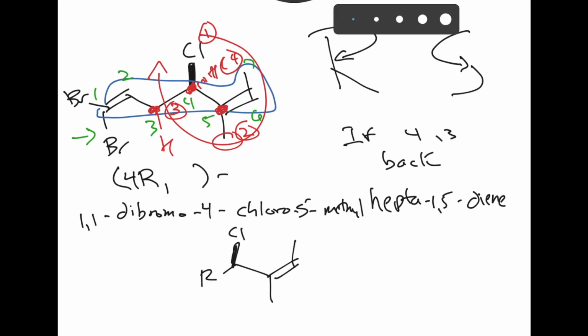I got to assign E or Z to this double bond here. I just redrew it real quick so it's not buried in the million other things we've already drawn on this molecule. If we look at this carbon, this side is going to have priority. I'm going to compare a carbon and a carbon. They're going to be tied.